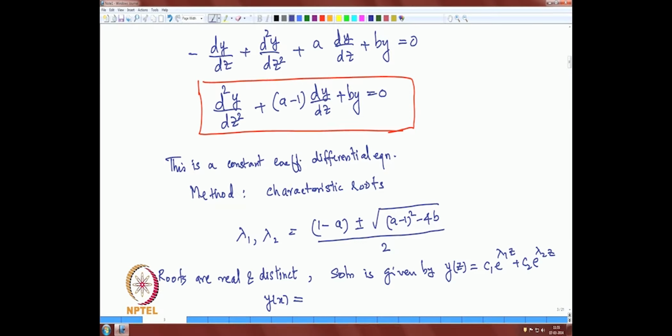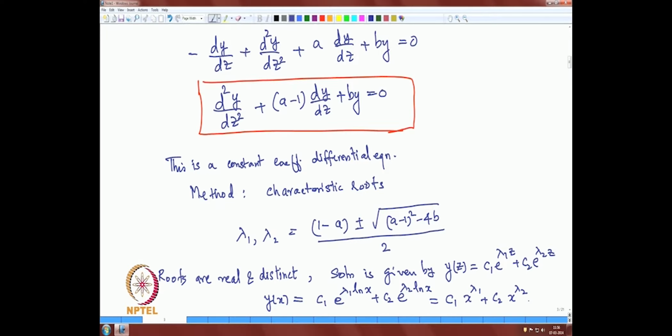So, y of x is equal to c1 e to the power lambda 1 ln of x plus c2 e to the power lambda 2 ln of x, and if you simplify it, this is c1 x to the power lambda 1 plus c2 x to the power lambda 2.